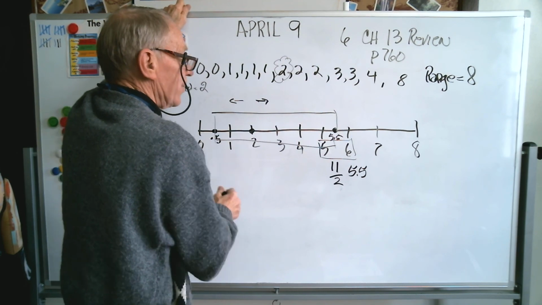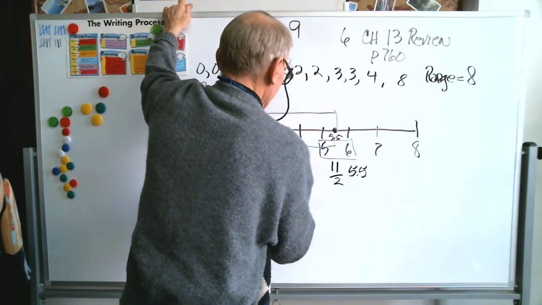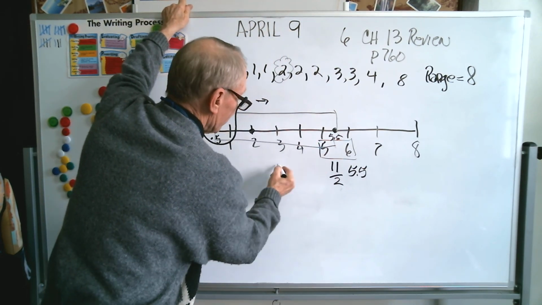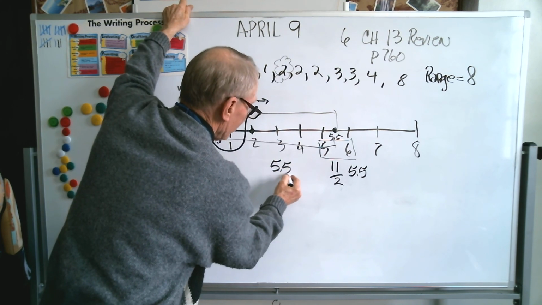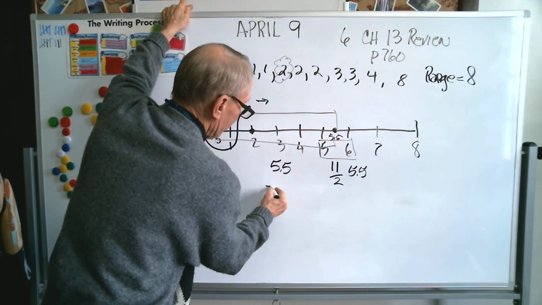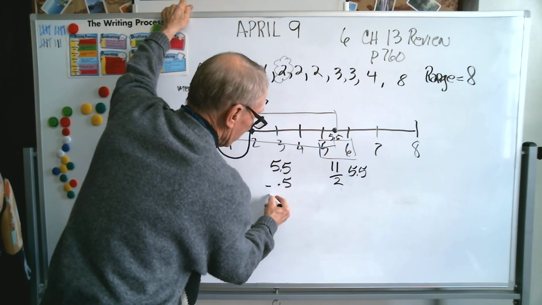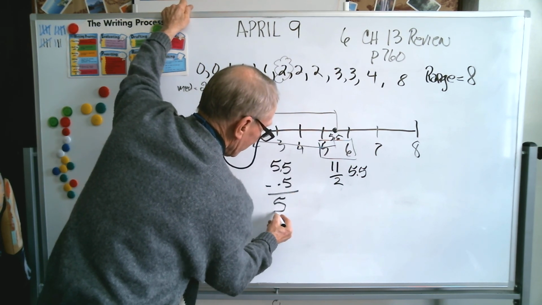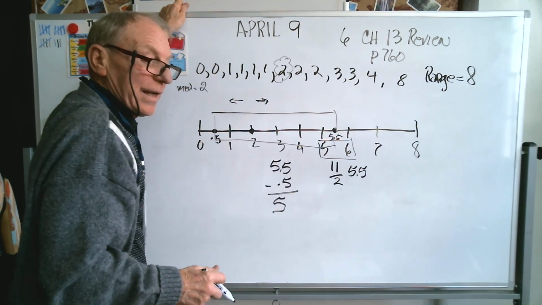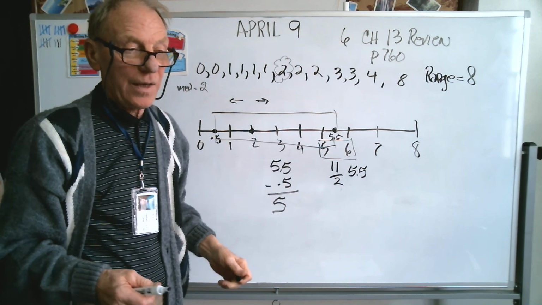Now the interquartile range is, the highest point is 5.5. The lowest point is 0.5. So we're going to subtract that. So our interquartile range is going to be 5.